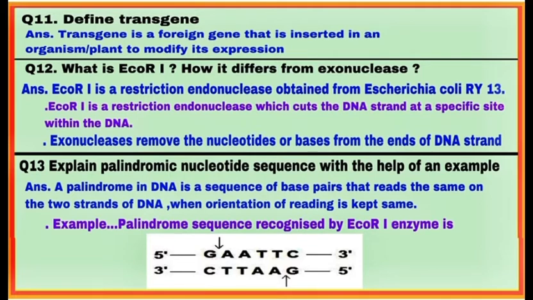On the upper strand it is GAA-TTC from 5 prime to 3 prime end, and look at the lower strand, it is the same, that is GAA-TTC when it is read from 5 prime to 3 prime end. This type of sequence is called a palindromic sequence.